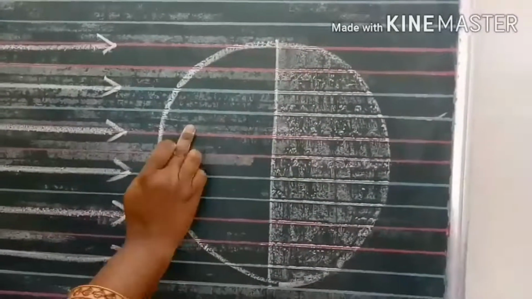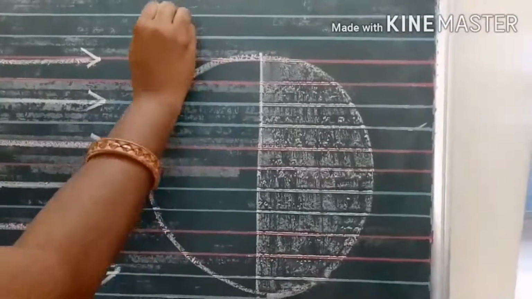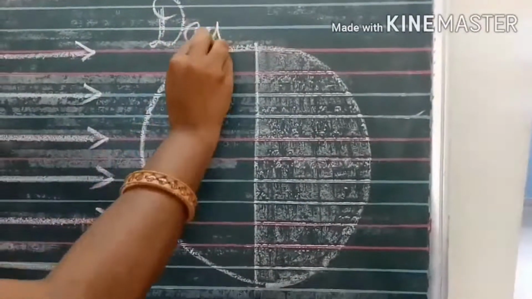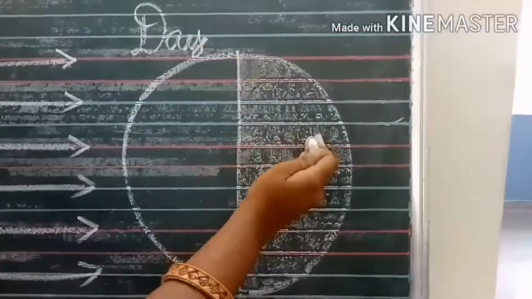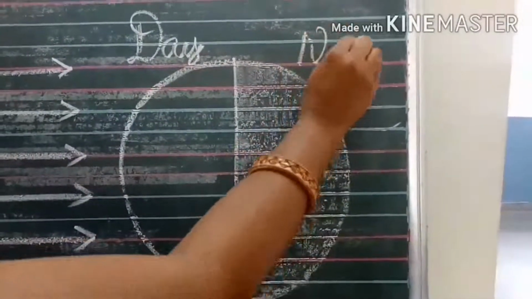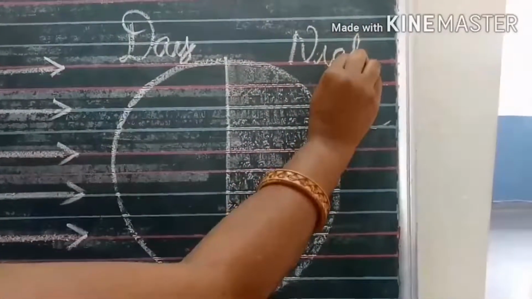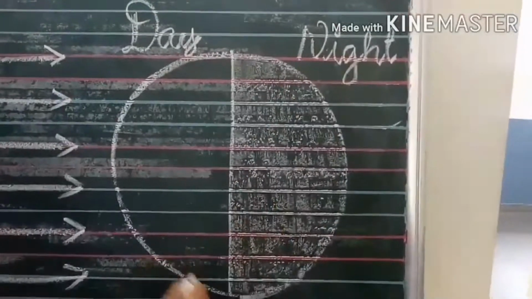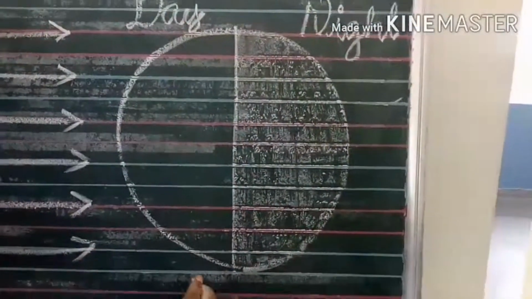So now you will come to know, children, the left side of the part is day, the right side is night. Clear, children?